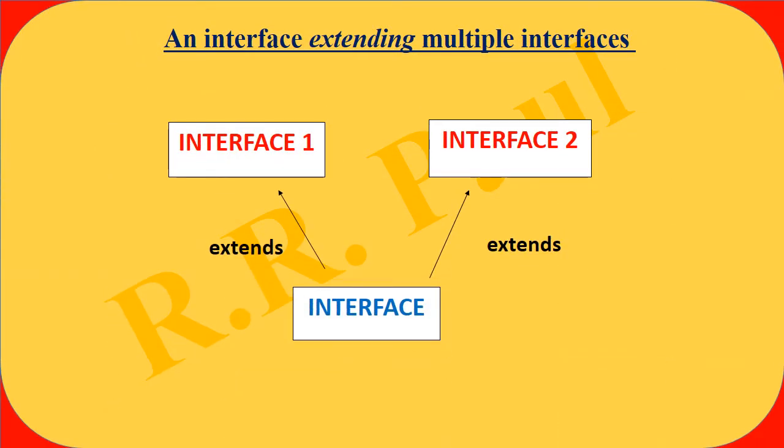And this is the second one, where an interface is extending to 2 interfaces. Just look out for the keyword that is used in each of these 2 cases. In the previous one, implements, and in this one, extends keyword is used.